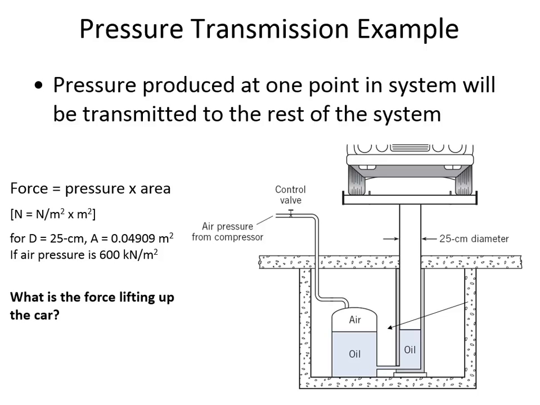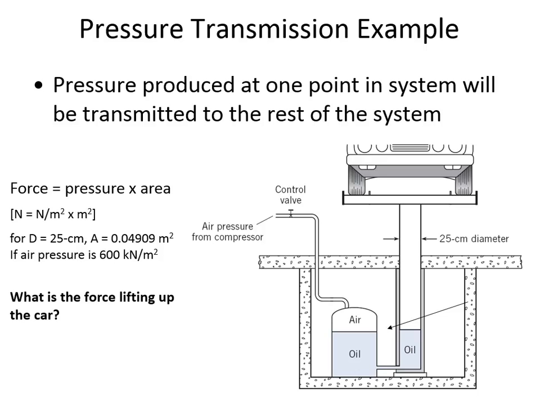Okay. In the problem statement, it says that for this big metal cylinder being 25 centimeter diameter, I've already calculated the cross-sectional area of that using area is pi d squared divided by 4. The area of this is known to be 0.04909 meters squared.